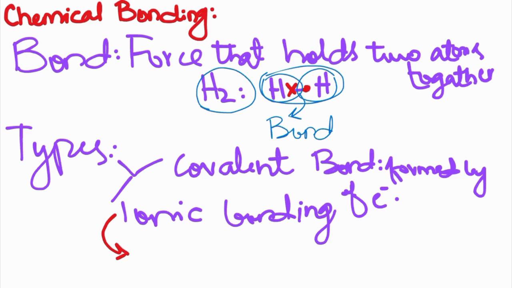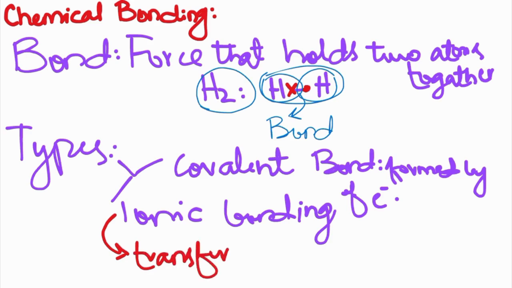Then we can talk about the other type of bonding that I mentioned, the ionic bonding. In ionic bonding, a bond is formed by the transfer of electrons.